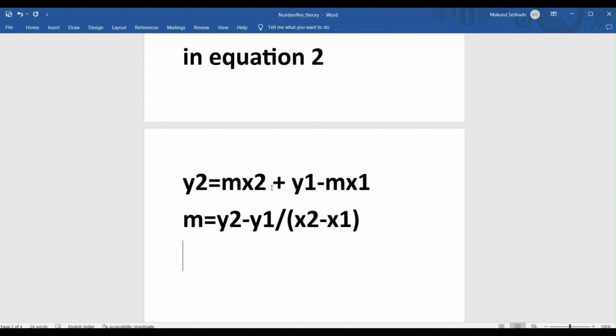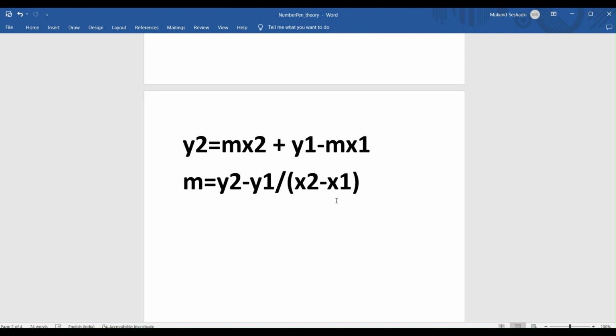The reason I went through this is because this forms the fundamental of understanding why dy by dx is equal to the slope or the tangent to the curve of any continuous function. Now let's digest this formula for a minute. y2 and y1 are 2 points on the continuous function corresponding to the points x1 and x2 on the same function.